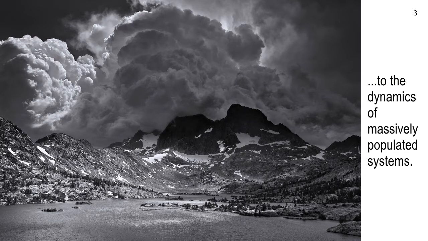Now, this is a very famous photograph from the Sierra Nevada mountains out in California. It's just a thunderstorm coming up. But if you look at this photo, it's a story of water and rock, really. There's liquid water in this lake.